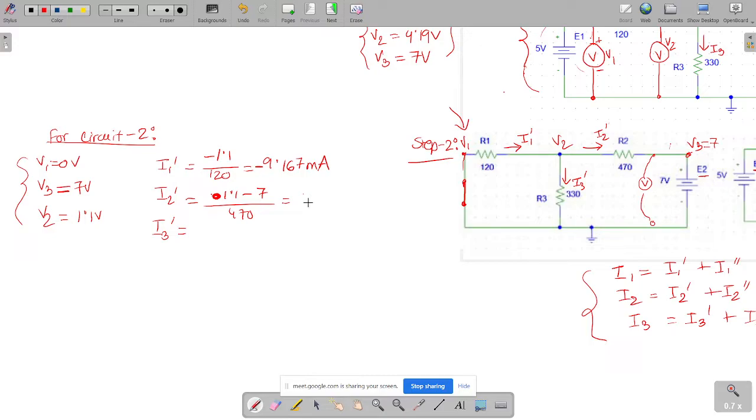Okay, so 12.5 milliampere, right? So minus 12.5 milliampere. Please negative sign গুলো ভুলো না. And what about I3 prime? It's going to be 1.1 divided by 330. So what is the value?